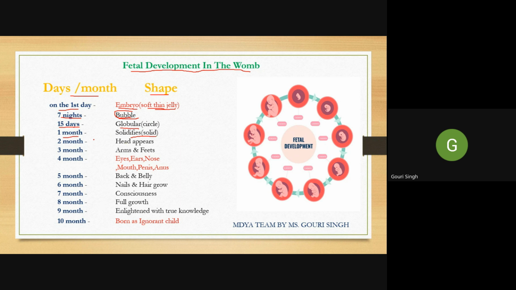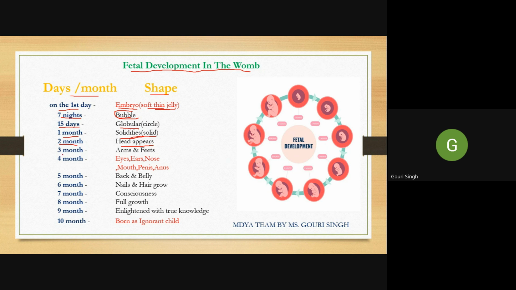After 1 month, it will create a solid form. When 2 months occur, what happens? The solid form of the embryo is converted so that the head first appears in the baby. First the head will come out after 2 months.